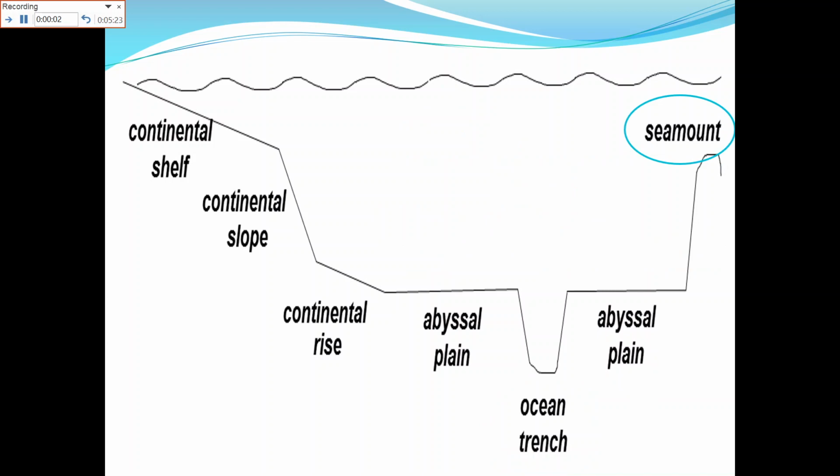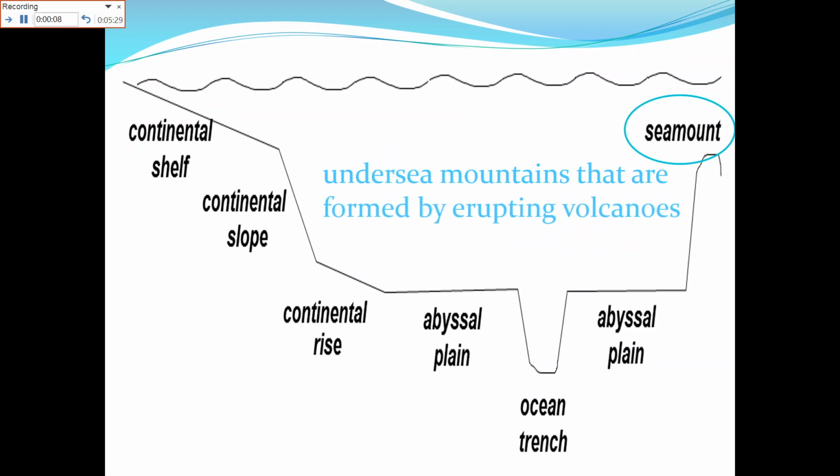Alright, a seamount, if you can't figure it out with the word mountain there, seamounts are undersea mountains that are formed by erupting volcanoes. Yeah, the word mount on there and sea kind of, it's like context clues. Alright, so seamount is an undersea mountain.